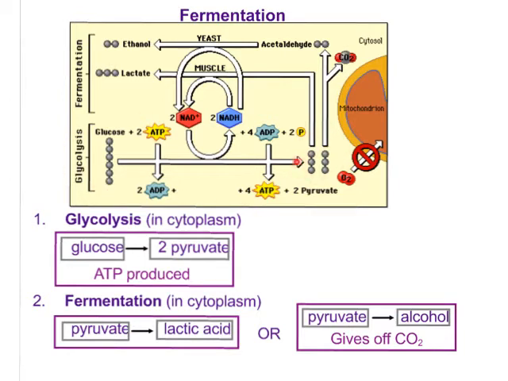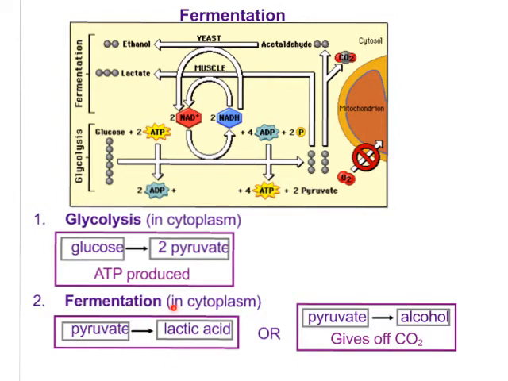We differ as we use the pyruvate molecules, and that process is called fermentation. It continues in the cytoplasm, so we never enter into the mitochondria. We stay in the cytoplasm for this process of fermentation, and those pyruvate molecules are converted into one of 2 things, either lactic acid or alcohol.